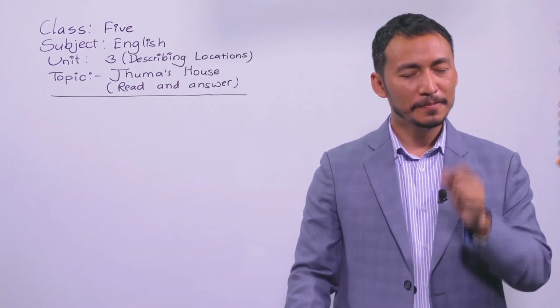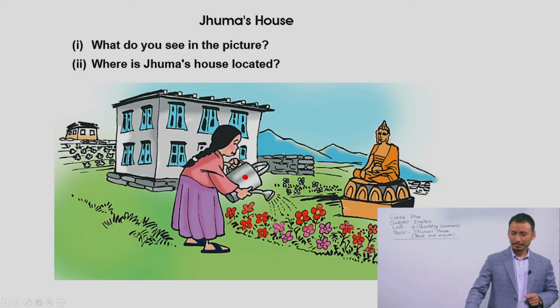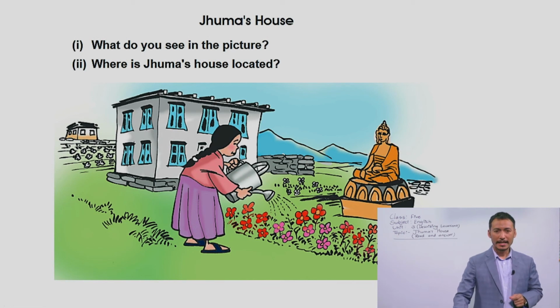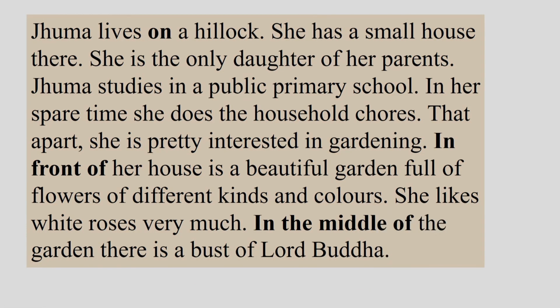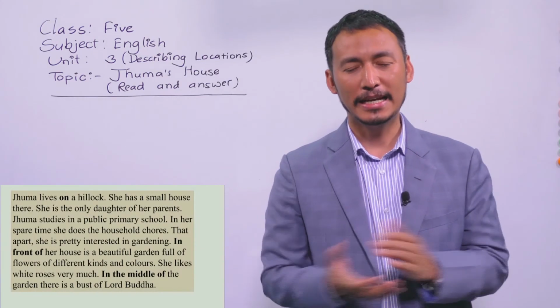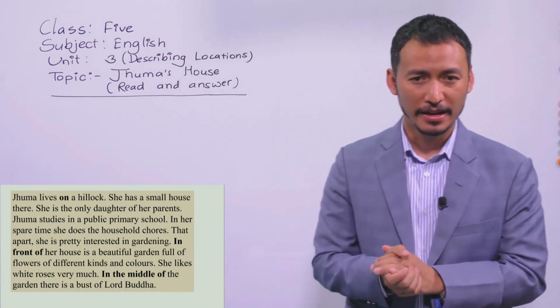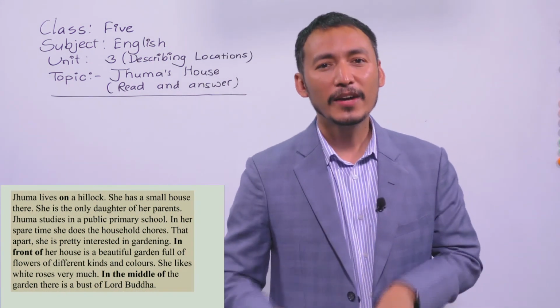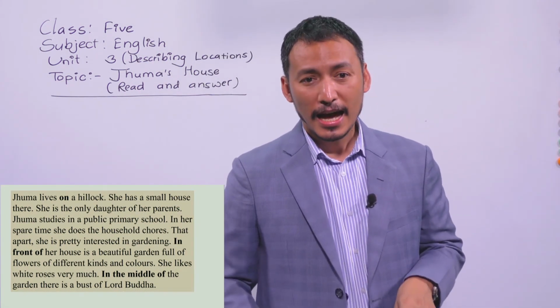So we are going to see the story now. I'm going to read it for you. Please listen to me carefully and follow me with the words. And then we will talk about its meaning and pronunciation later. All right, students? Okay, let's start.